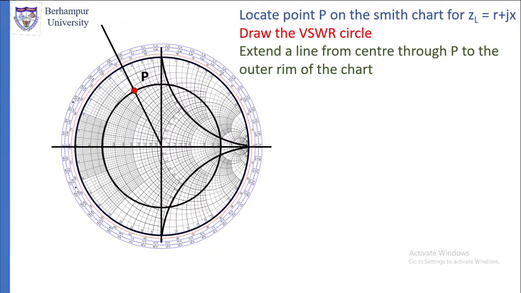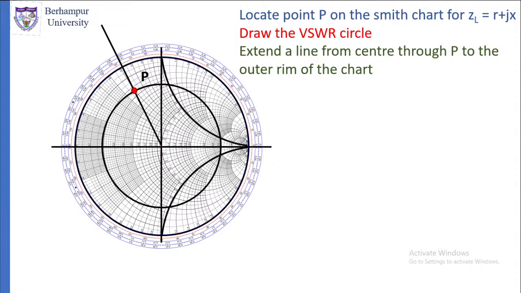Once we have located the point P, then we will draw the VSWR circle. So how do you draw the VSWR circle? Take the center of the Smith chart. How do you identify the center? Look at the constant resistance line, which is the horizontal line.